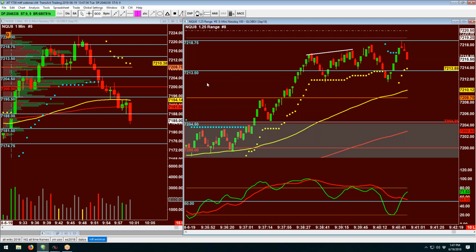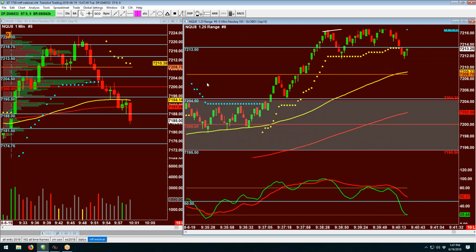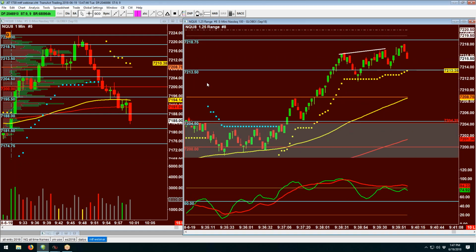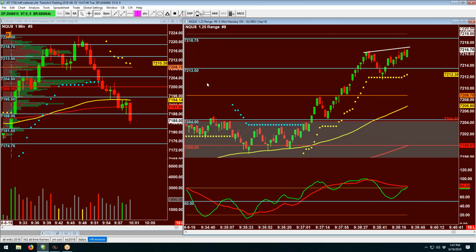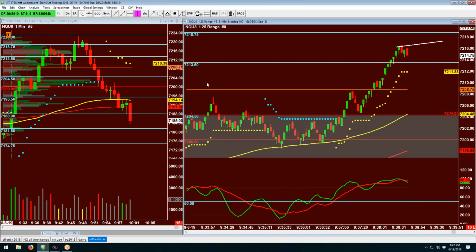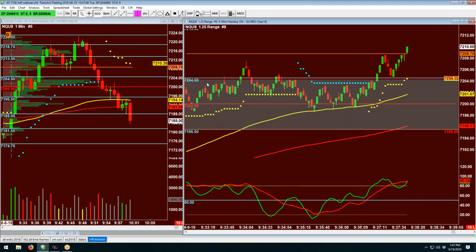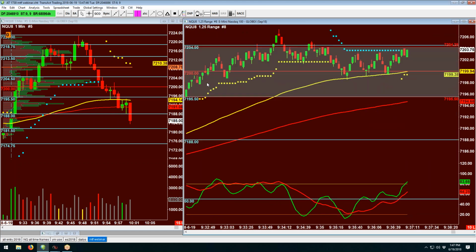I let the market figure out which direction it wants to go, and then I can look for an entry. All while price is moving higher off the open, this is a 5-range chart on the NQ. You can use whatever you like.